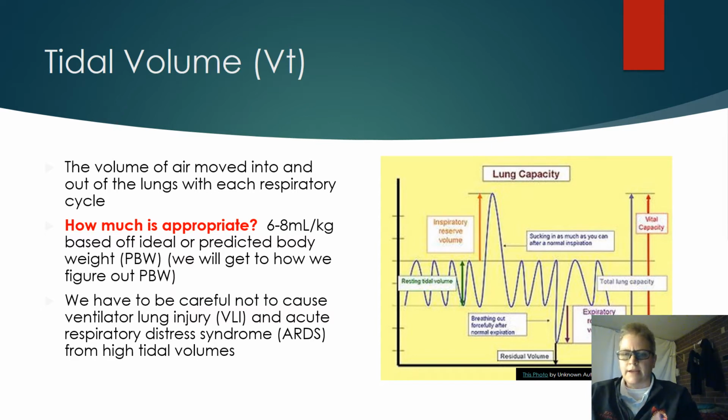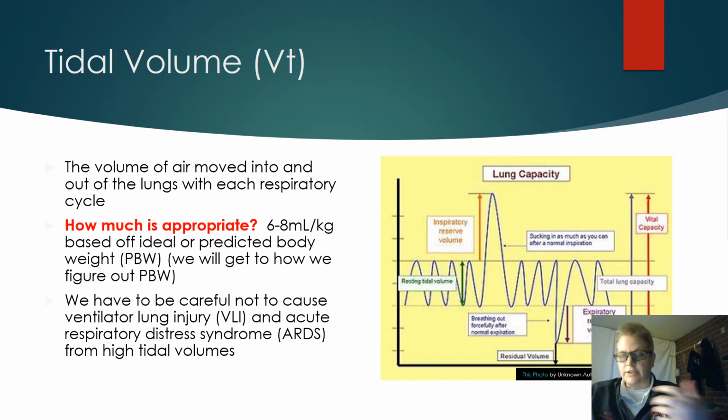In the late 90s and 2000s, a group called the ARDSNet group dedicated research and lots of randomized controlled multi-center studies on morbidity and mortality based on tidal volumes, and what's good and what's bad.